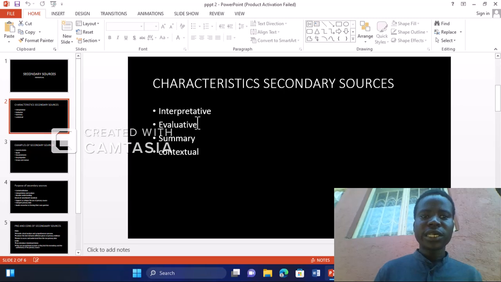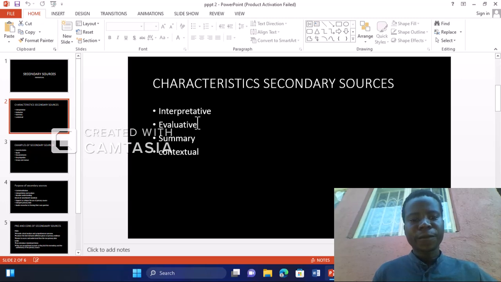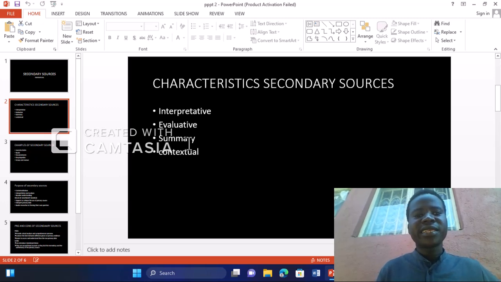Secondary sources summarize information, often to explain a concept or to connect various primary sources. What of contextual? Contextual means secondary sources help to frame or contextualize the primary data within broader trends like movements or histories.